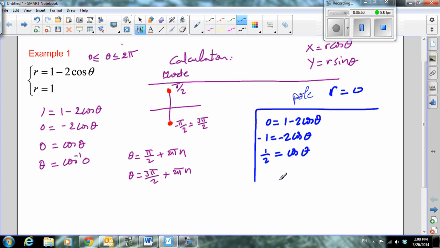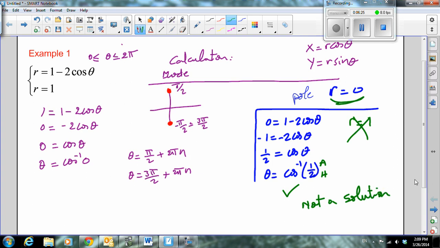Go ahead and do theta is therefore equal to the cosine inverse of 1/2. In other words, adjacent over hypotenuse. Possible because the hypotenuse is bigger than adjacent. You put a check mark, but that's not it. We just checked the first one. Let's check the second one. The second one says r is equal to 1, but yet we're saying r is equal to 0. So this does not work. Therefore, the pole is not a solution.